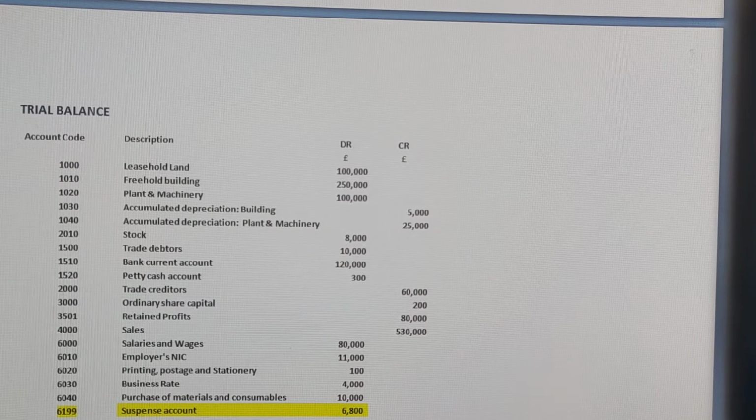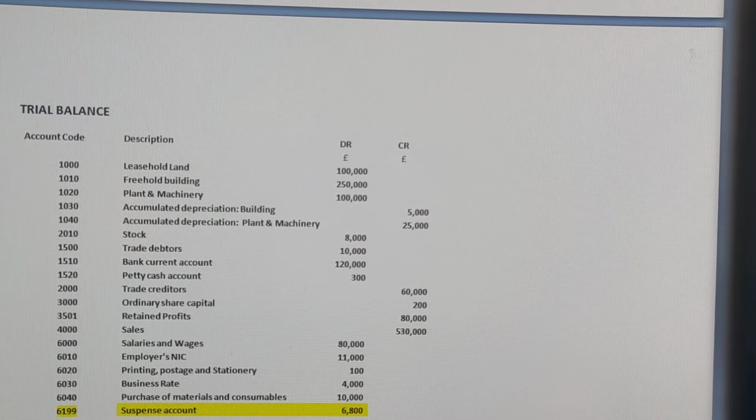But in the nominal ledger, under the same account code, you will see a long list of items which make up that £100,000. You will see the purchase price of that leasehold land, the amount paid for it, solicitors' fees, surveyor's fees, land clearance fees, soil testing fees, and so on.